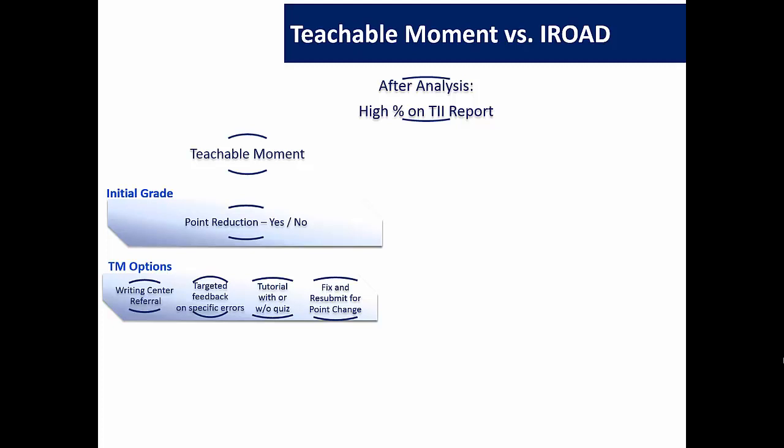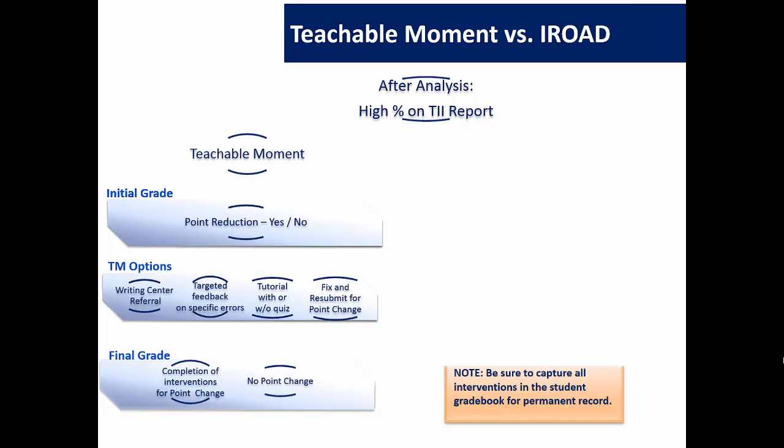These might include a referral to the Writing Center, targeted resources, or even a tutorial and quiz. Another option might be for the student to fix and resubmit their work. The third step in the process is to consider giving back points for completion of work assigned, which is recommended. Be sure to make note of details around all 3 steps in the student gradebook so they have a clear picture of their pathway to improvement. This also provides historical data of the intervention.